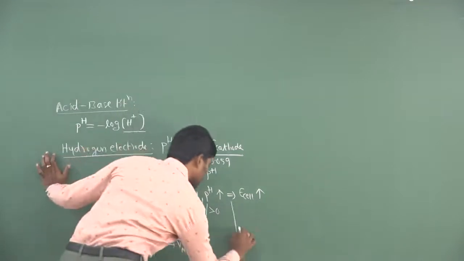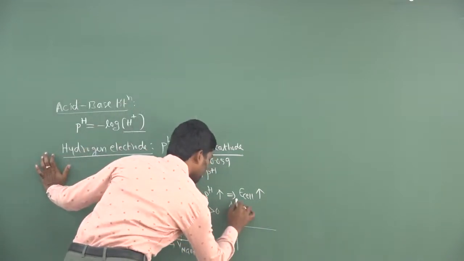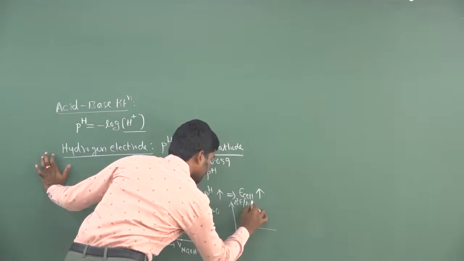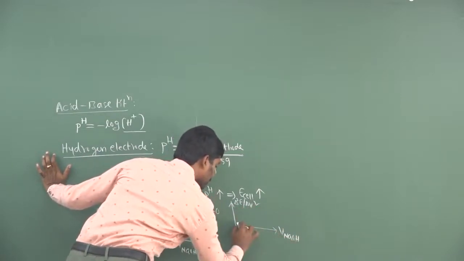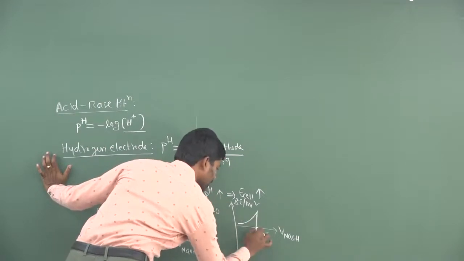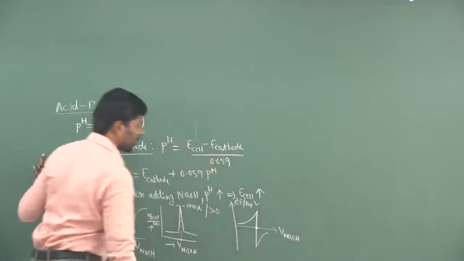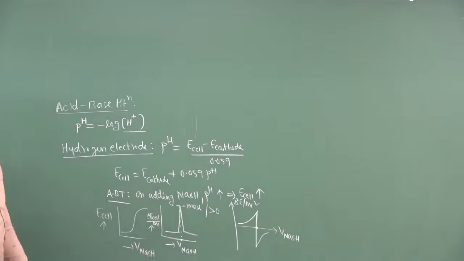Whereas for delta square E by delta V square versus volume of NaOH, if you take, which type of plot we will get? That is, delta square E by delta V square value is 0 at end point.